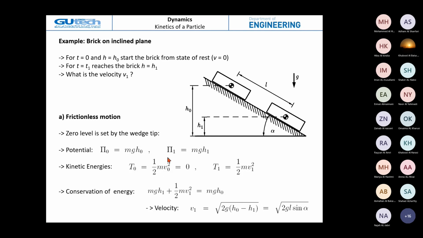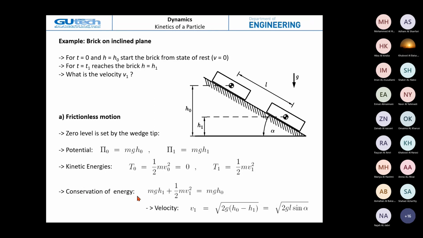Now the kinetic energy T0 is defined, as always, by the following relation. In our case, V at time t0 is equal to 0, so the kinetic energy at time t0 is equal to 0, and at time t1 it is half of the mass multiplied by the velocity v1, what we are looking for. Now we apply the conservation of energy.